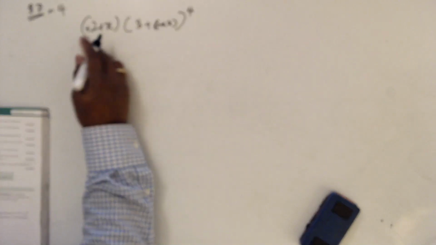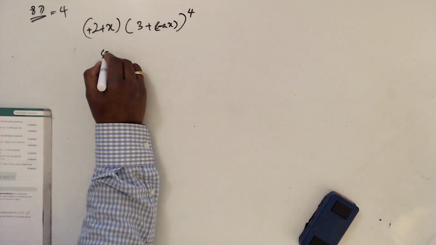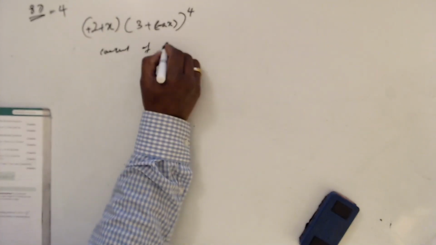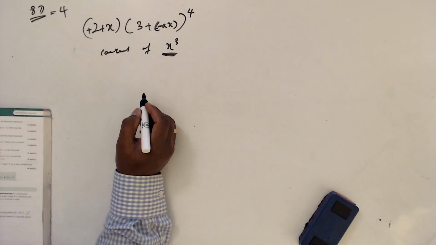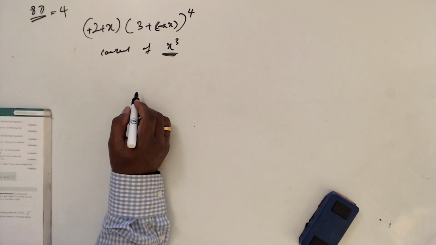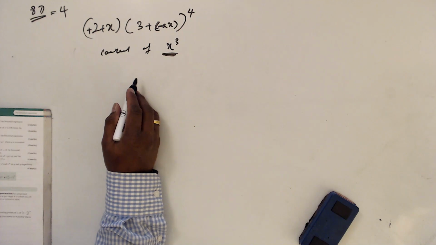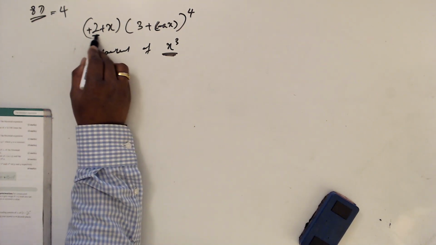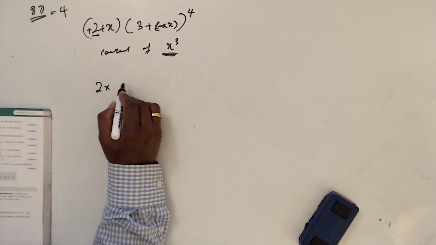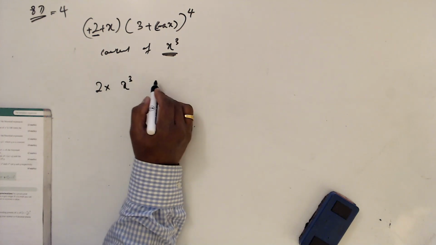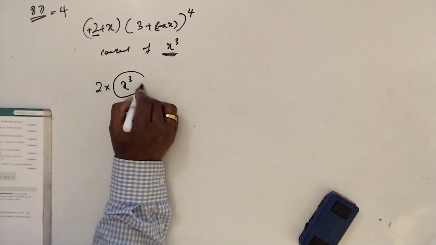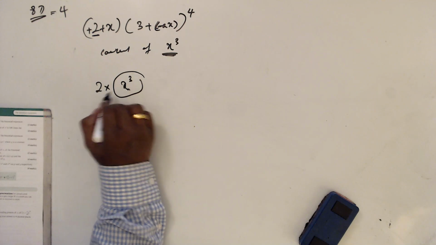So we want to find the coefficient of the x cube term. Now we'll see how you can make x cube. When 2 multiplies by the x cube term, then it makes an x cube term.